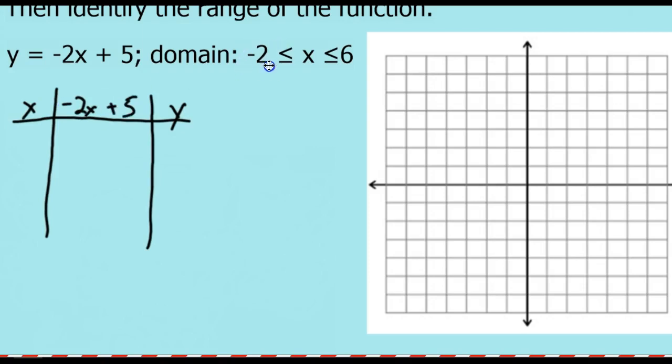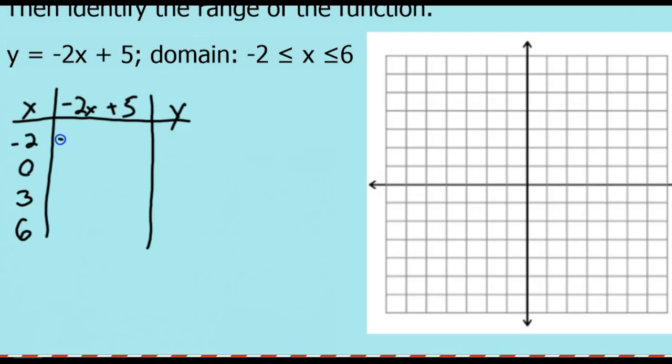Now our domain is x is greater than negative 2, but less than 6. So what I'm going to do is I'm just going to pick negative 2, 0, 3, and 6. So I just pick 4 numbers in between negative 2 and 6.